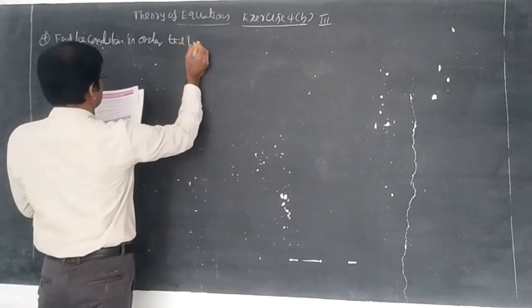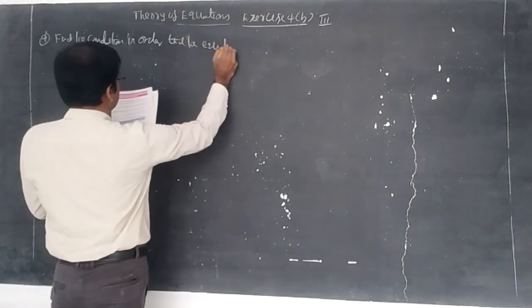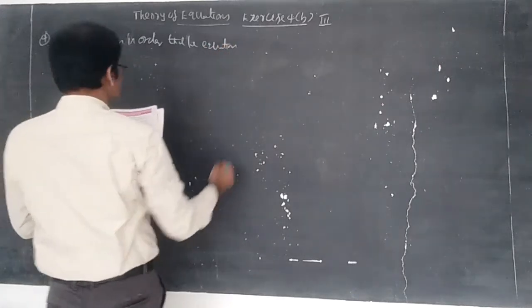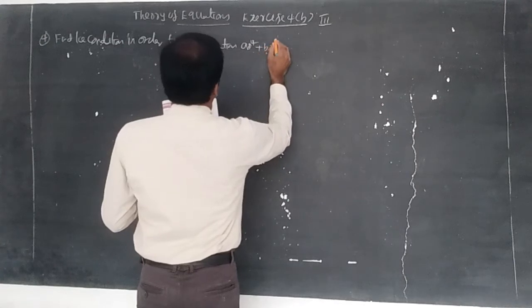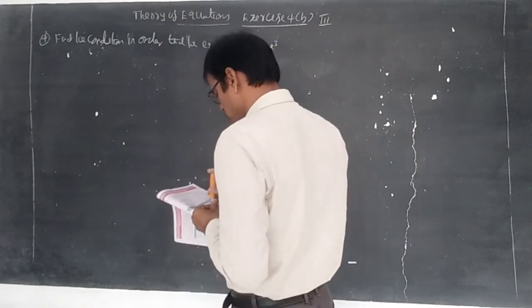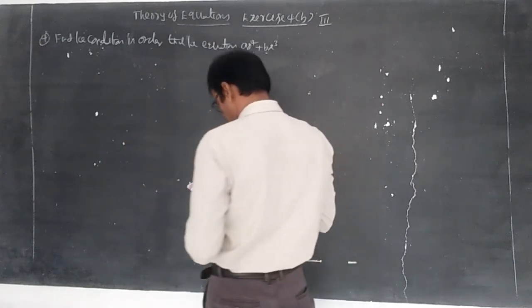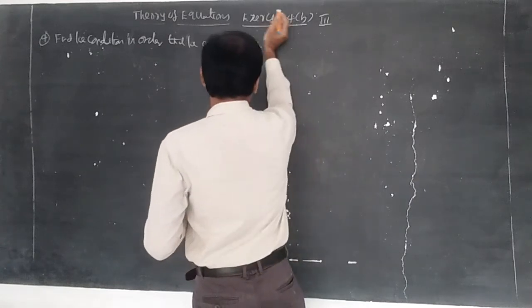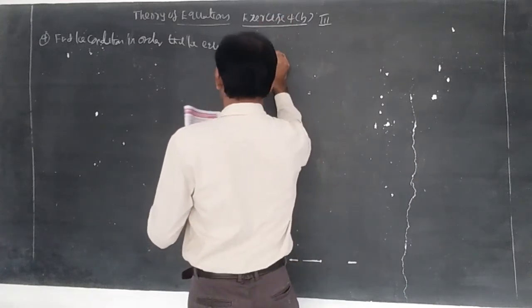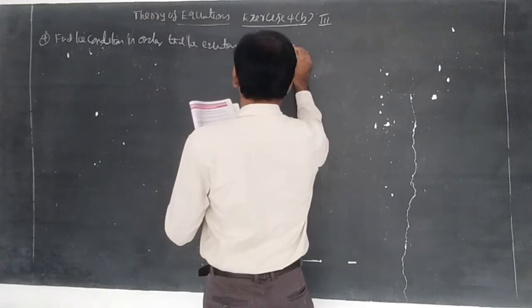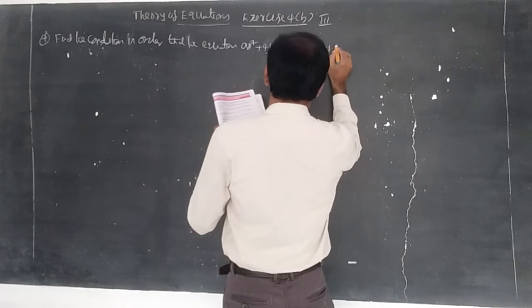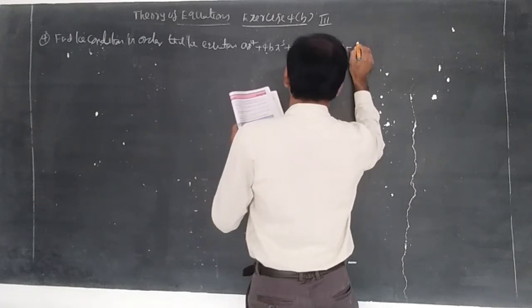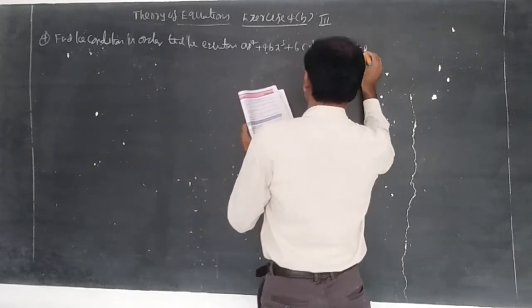ax power 4 plus 4bx cube plus 6cx square plus 4dx plus e is equal to 0.